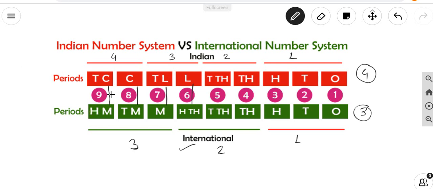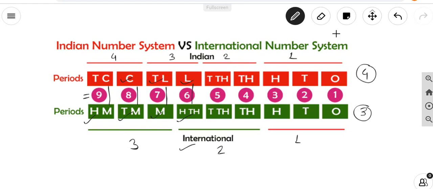It means the value of 10 crore equals the value of 100 million. The value of crore equals the value of 10 million, the value of 10 lakhs equals the value of a million, and the value of lakhs equals the value of 100,000. That's the main difference between the Indian number system and the international number system.